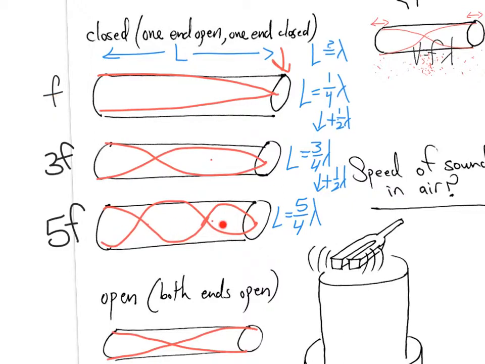The shorter the wavelength gets, the higher the frequency is. So if we're looking at, this is going to get a little crowded, but who cares? The wavelength is 4 times the length. And for the next one, the wavelength is 4/3 the length. And here, for a third situation, the wavelength is 4/5 the length.